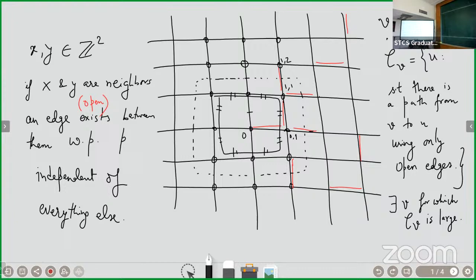Think of the translated lattice where every point is shifted by (1/2, 1/2). Now go back to the original lattice and make these edges open or closed. Depending on that, what should I do to the second lattice's edges?